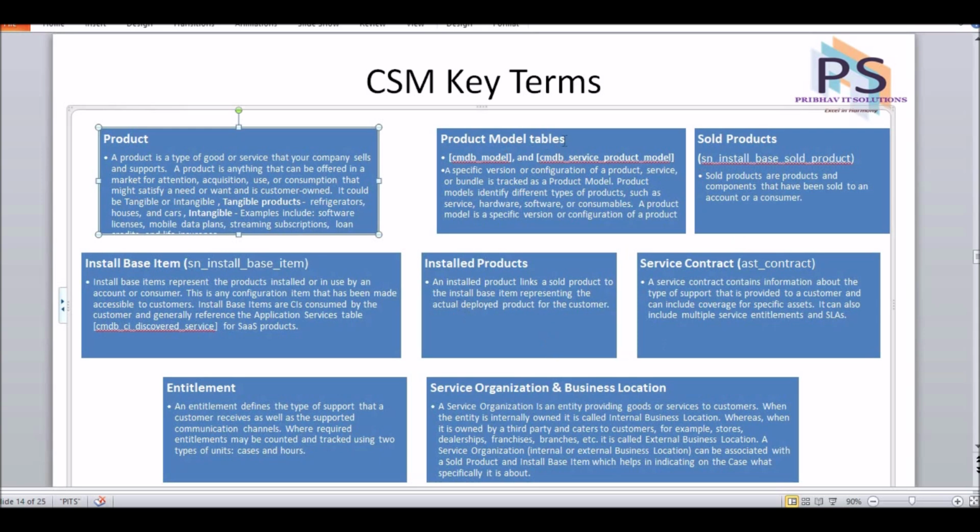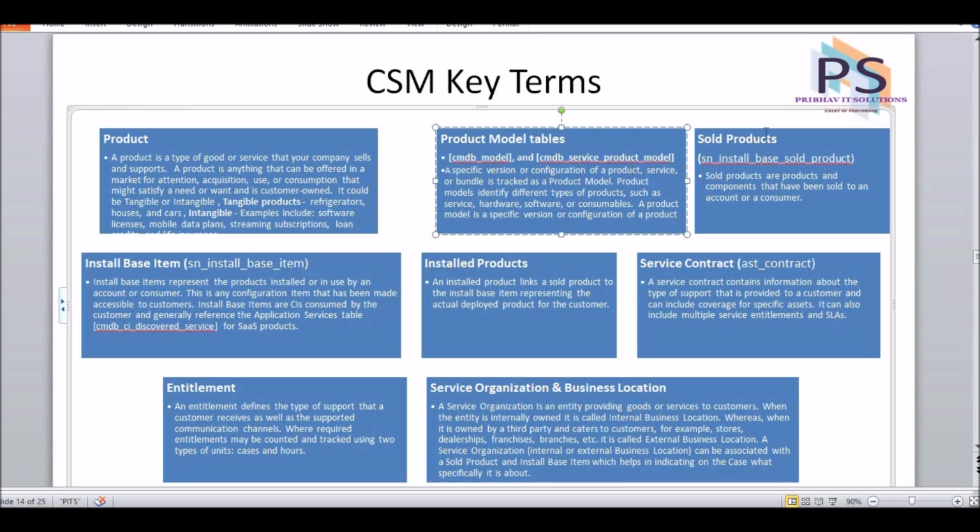Okay. Now product model. Let's say we are buying a refrigerator. Let's take a refrigerator example for all these terms. Refrigerator is a product. Now which model refrigerator it is, right? It might be Whirlpool Intelligent Sensor or Autofrost, any model. They might give the model as Whirlpool 2024, Whirlpool 2025. So the product model contains what specific version or configuration of that product it is.